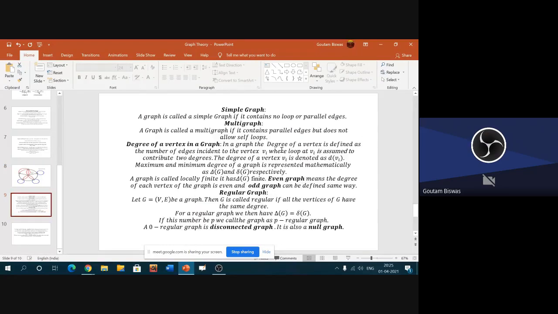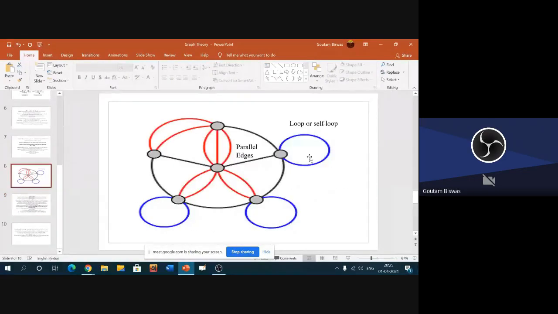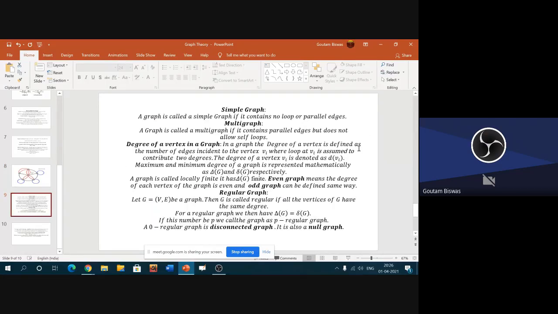If there is any loop, here is a loop, it will be counted 2 times. So this vertex has 1, 2, 3 and 2, that is 5. So the degree of this vertex is 5. Got it? A loop at Vi is assumed to contribute 2 degrees.